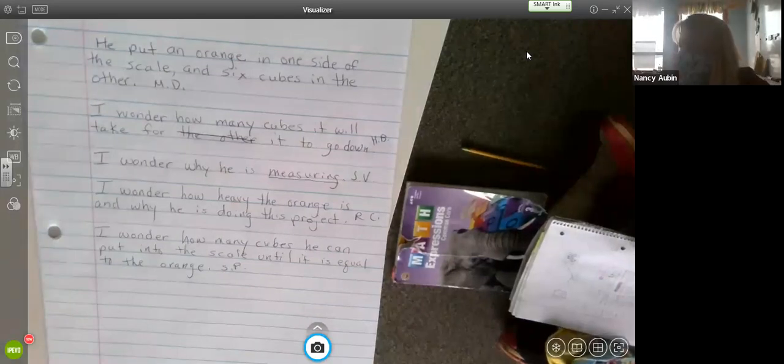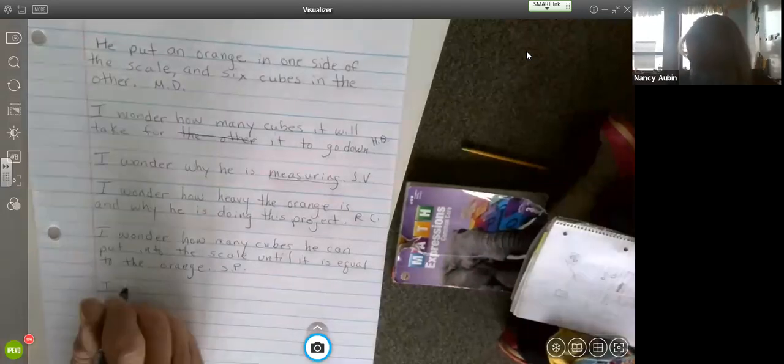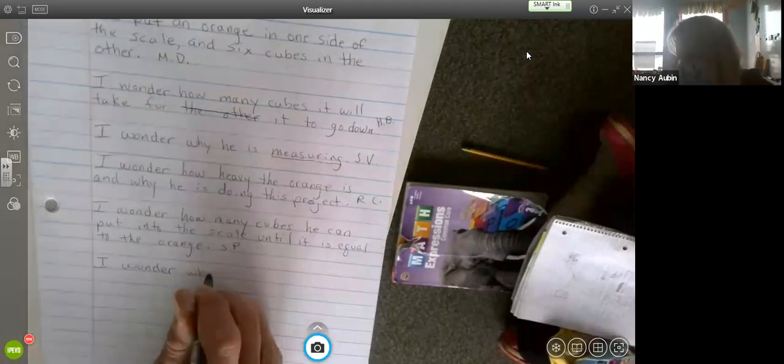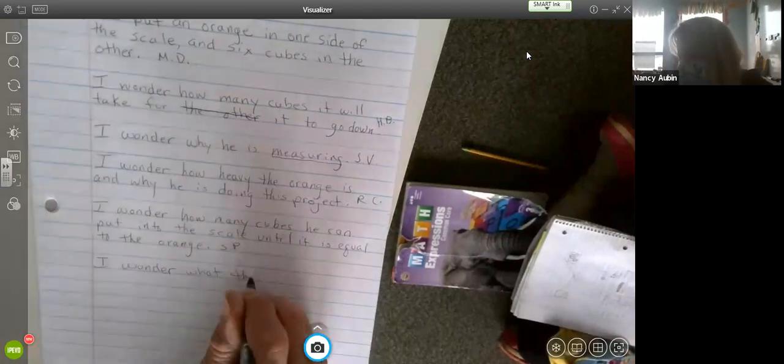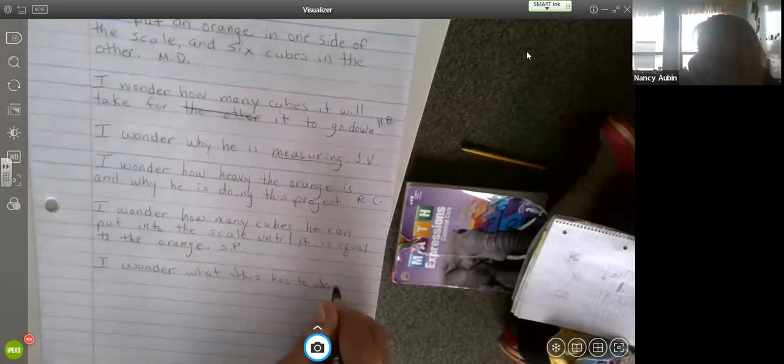Remember when we did all of those? Look over there. Do you remember the unit on weight and grams and kilograms? And so weight would be measuring. Okay, I wonder what this has to do with math. Hopefully that gave you an idea.